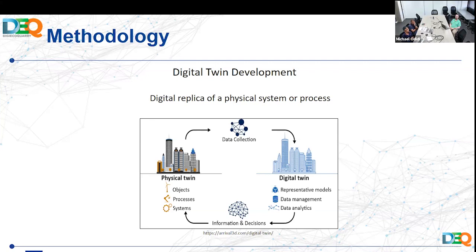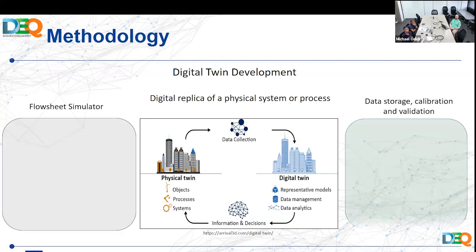So you'll be able to look at the effect of certain parameters, and see, if you can tune or change them, how that affects the processes occurring in your physical twin. In our case, we knew that we had a flow sheet to simulate, so we needed a flow sheet simulator, and we also needed data storage and calibration and validation software.